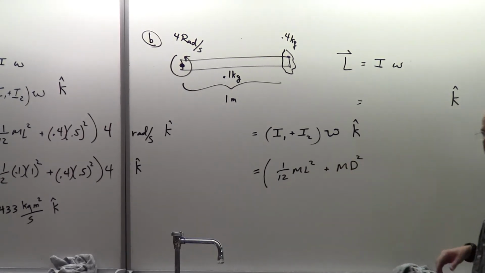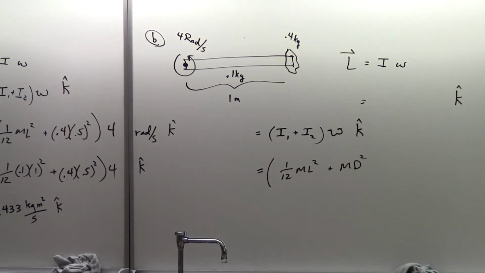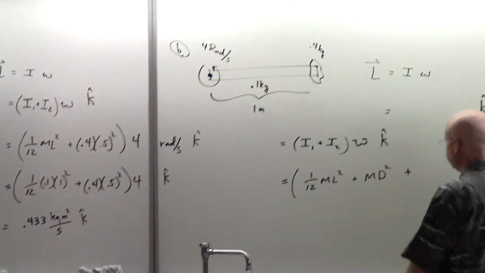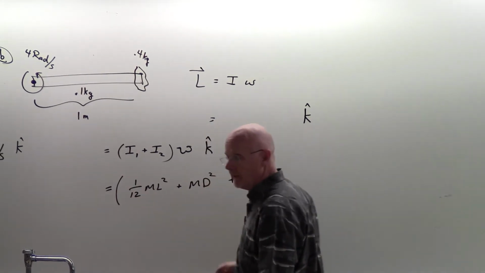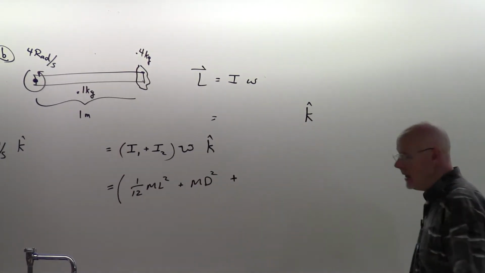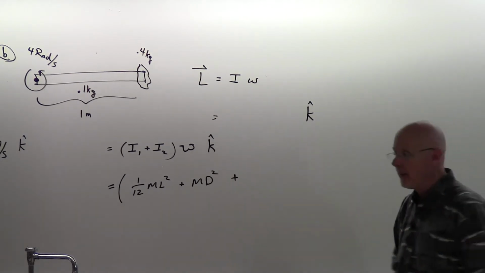Well, that was, again, the whole point of our parallel axis theorem discussion, which was the whole point of part 3 of the lab on Monday, to say, okay, I could get things off of center. So I'm going to apply the parallel axis theorem to get the moment of inertia of the rod, because the rod is rotating, but it's rotating off center. Of course, then I also have the blob.